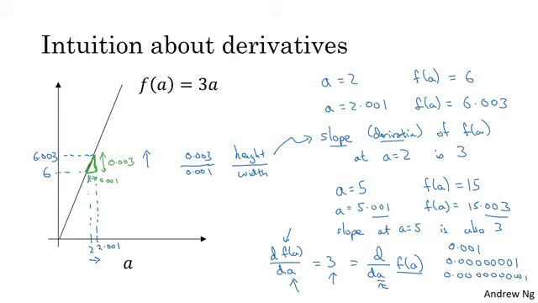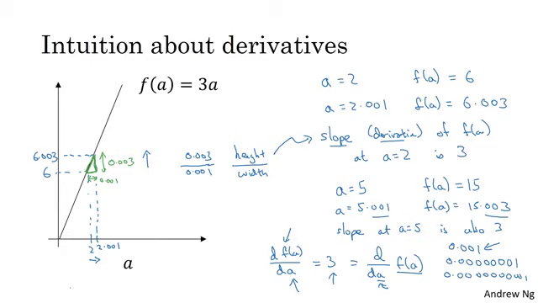The formal definition of derivative says, what if you nudge a to the right by an infinitesimal amount, basically an infinitely tiny amount? If you do that, does f of a go up 3 times as much as whatever was the tiny amount that you nudged a to the right? So that's actually the formal definition of a derivative. But for the purposes of our intuitive understanding, we're just going to talk about nudging a to the right by this small amount, 0.001, even if 0.001 isn't exactly a tiny infinitesimal.